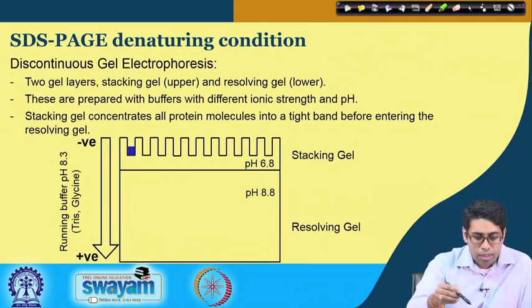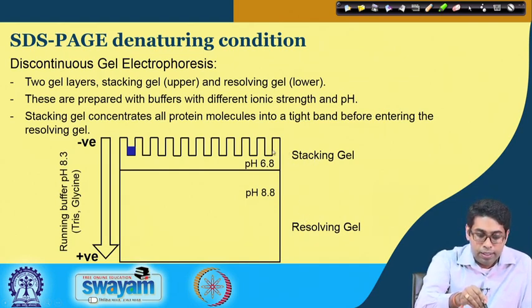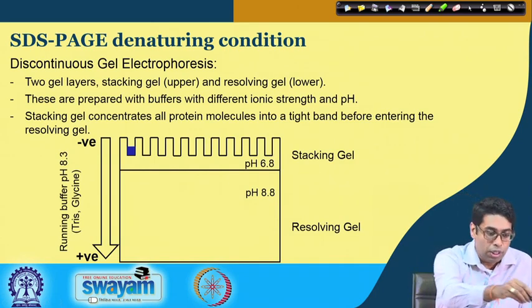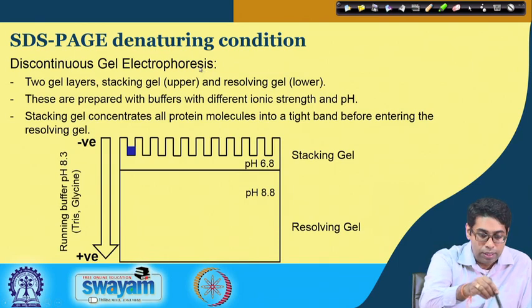So, as I mentioned before, there are two gels which are stacked on top of each other. The top one is the stacking gel, the bottom one is the resolving gel, and we use 3 different buffer systems in this discontinuous gel electrophoresis.